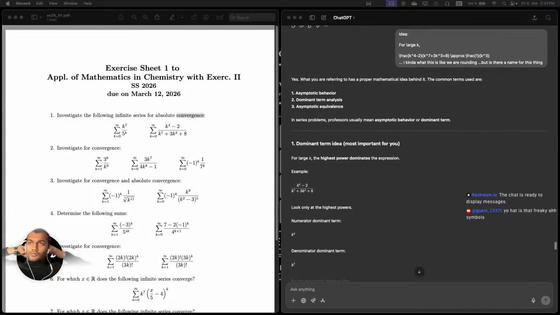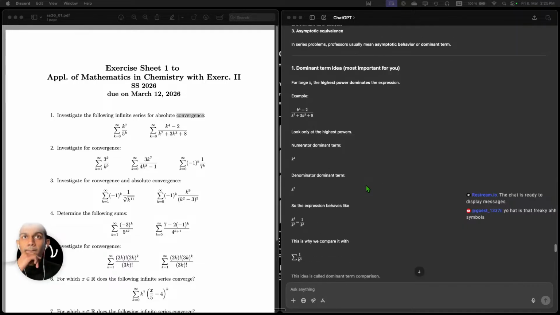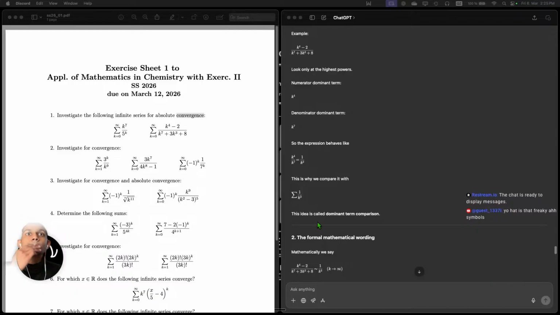Okay, what you're referring to is a proper mathematical idea behind it. The common terms used are asymptotic behavior, dominant term analysis. Okay, I think that's the word I'm gonna go for. Dominant term analysis.